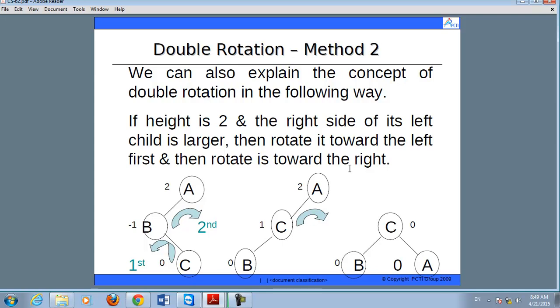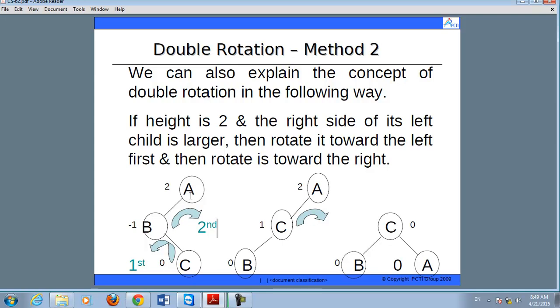Here you can see again an example of double rotation. In this, the height of A is 3, that is 1, 2, 3, and the balancing factor of A is 2, that is 2 minus 0. Now, in the first rotation, what will happen?